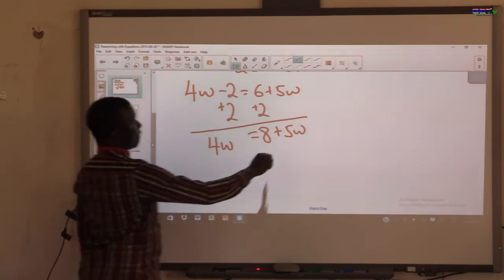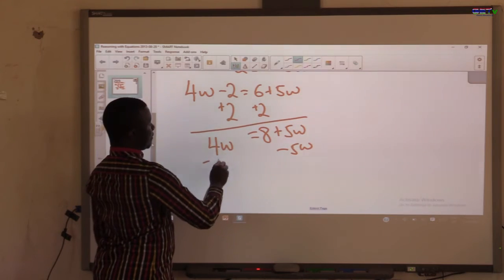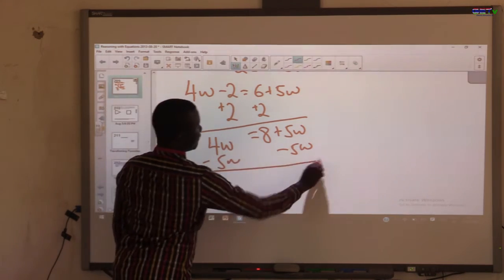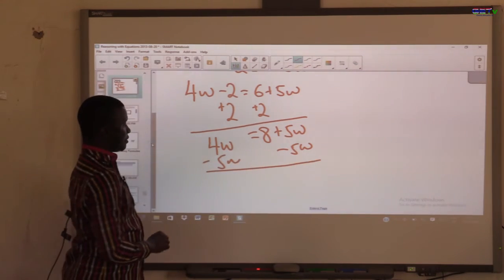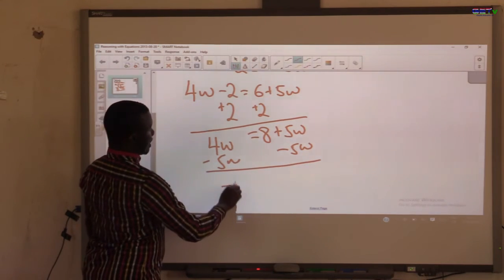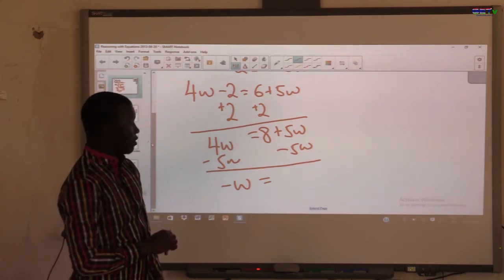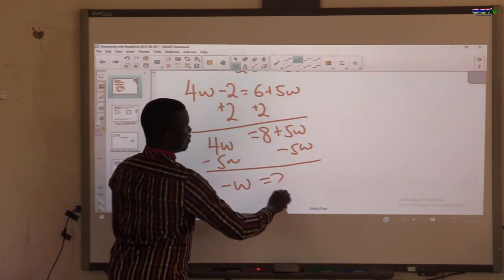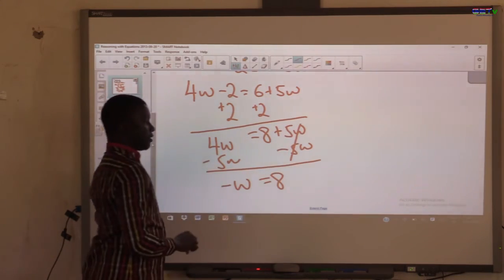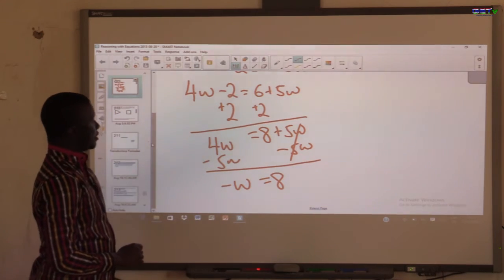We undo our 5w here by subtracting 5w from both sides. 4w minus 5w equals minus w, minus 1w obviously, but we don't write the coefficient, equals 8, because 5w minus 5w equals 0.